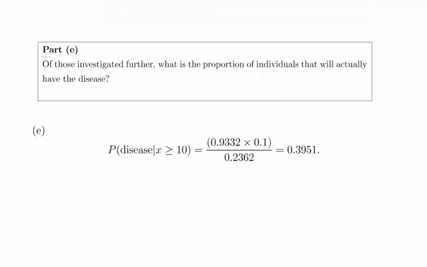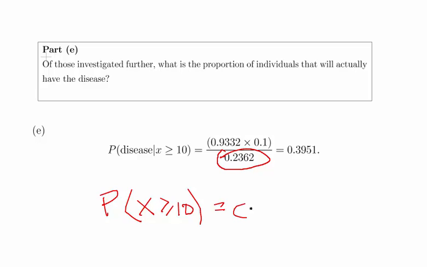So finally, of those who get investigated, what is the proportion of individuals who actually have the disease? So the probability of having the disease, given that x is greater than or equal to 10. So the probability of x greater than or equal to 10, or sorry, that would be flagged, is for having the disease.